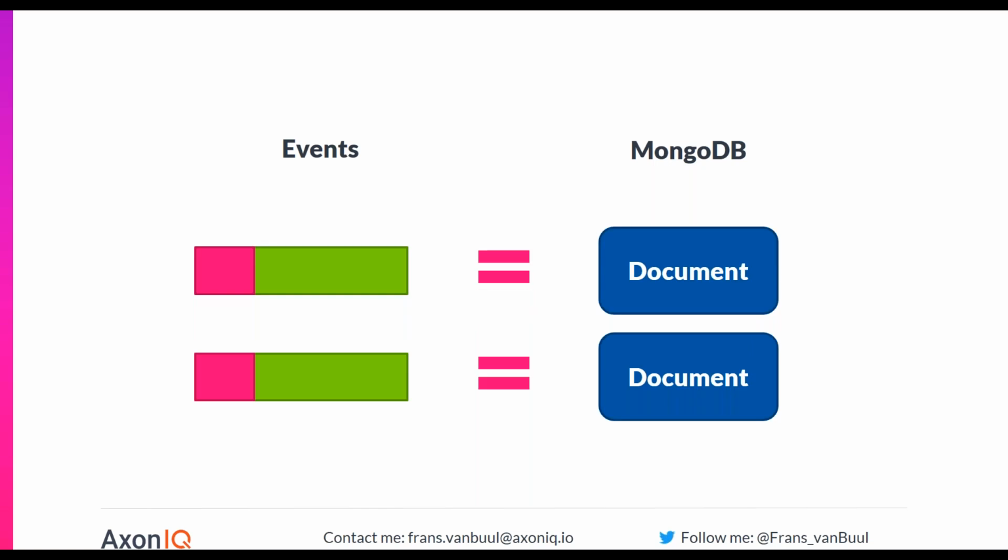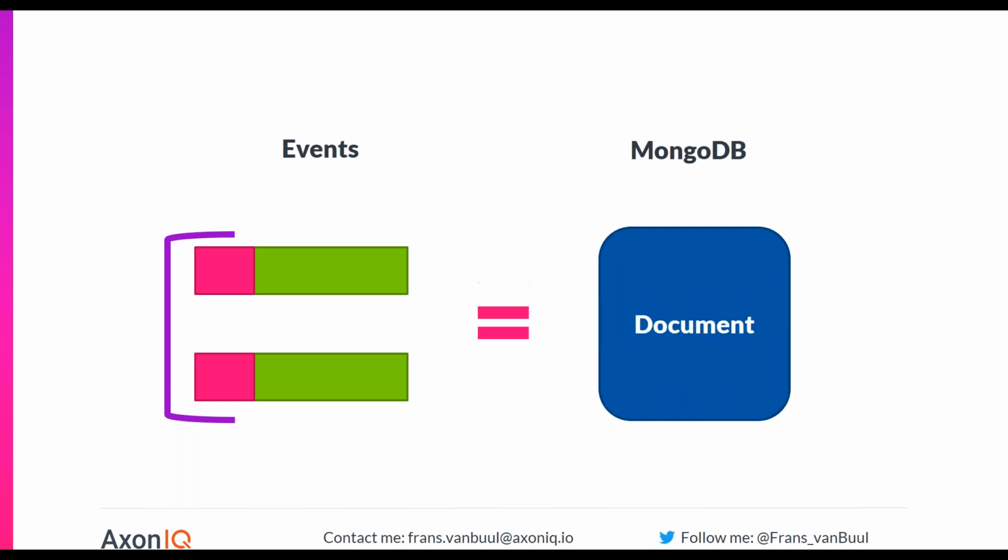The problem with that is that two events would become two documents. And if you have two events in the same transaction, then you cannot write them transactionally, because MongoDB is fully document oriented. The transactional boundary is the document, so it's impossible to write two documents in a transactional atomic way in MongoDB. So that's a big problem.